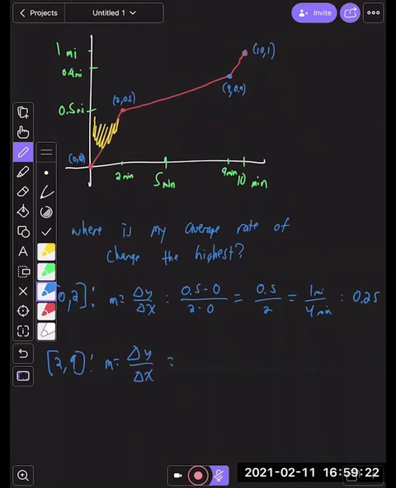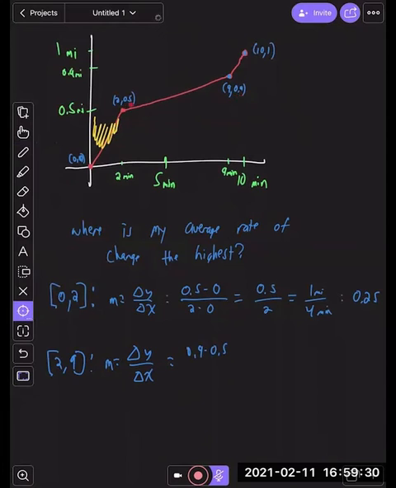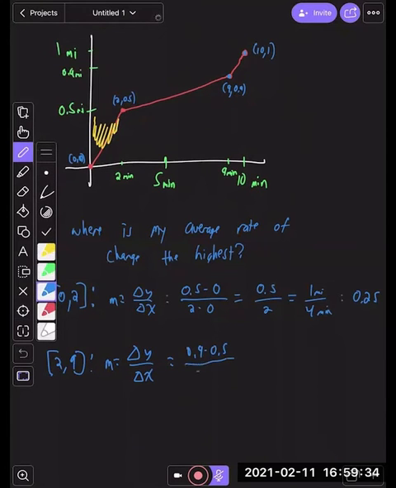And now I'm going to compare what's happening here. This is going from 0.9 minus 0.5 miles, because it's this and this, over my interval from 2 to 9, so 9 minus 2. This would be 0.4 over 7.